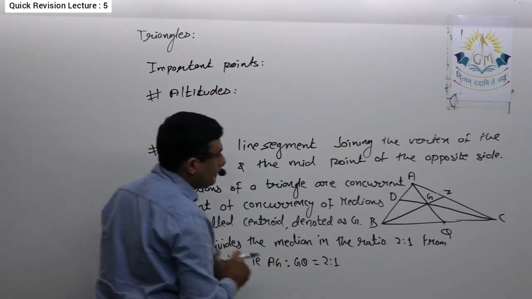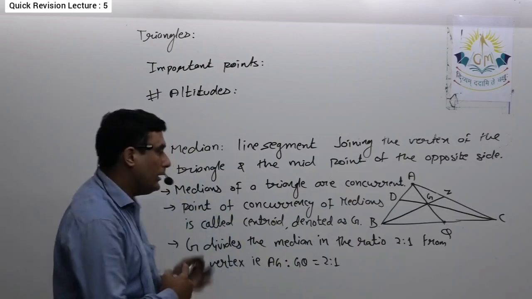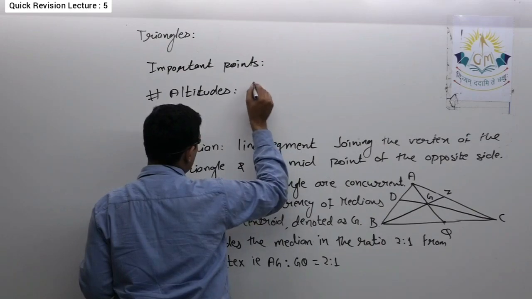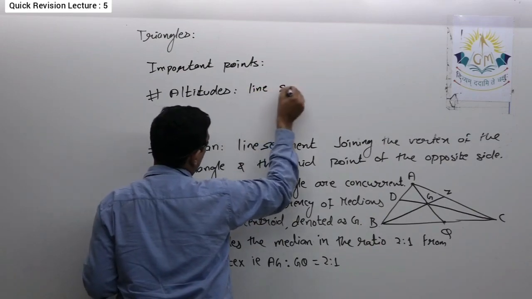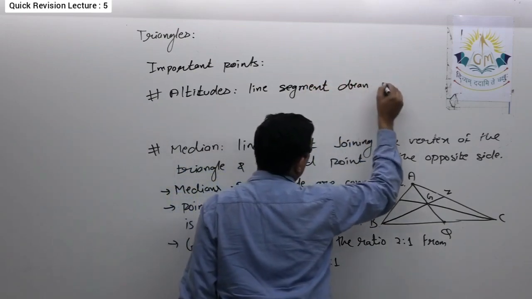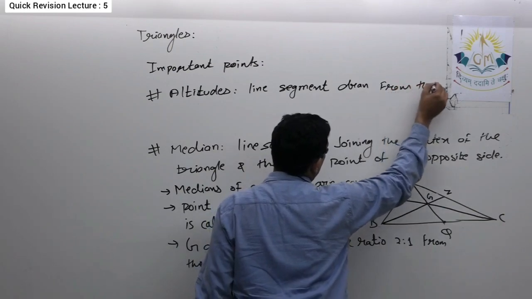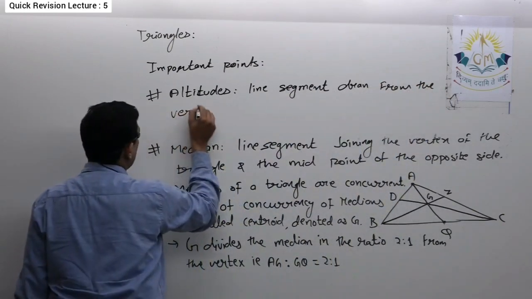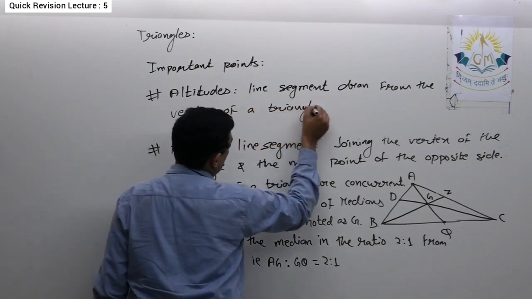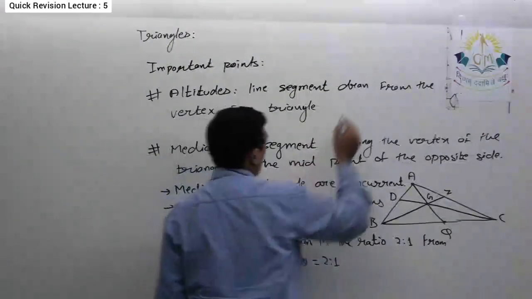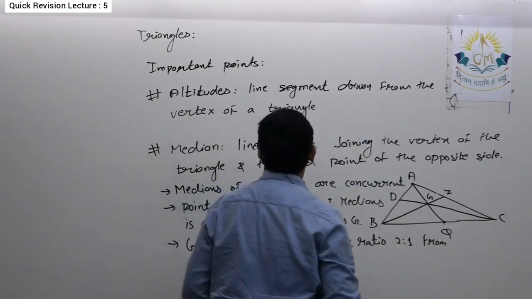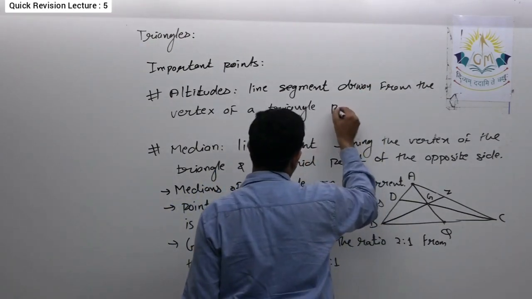Altitude is a line segment drawn from the vertex of a triangle perpendicular to the opposite side.